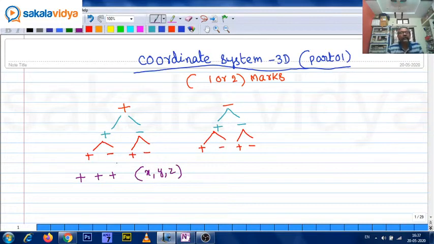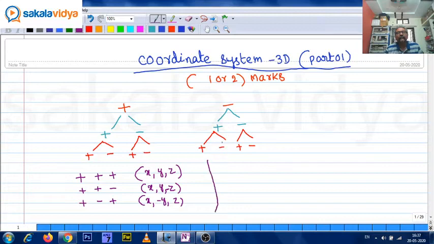Next, plus plus minus: x comma y comma minus z. Next, plus minus plus: x comma minus y comma z.